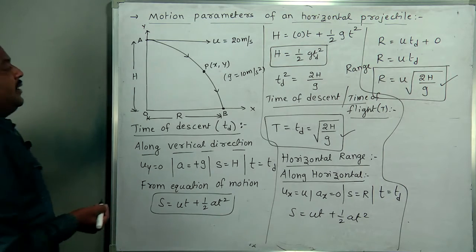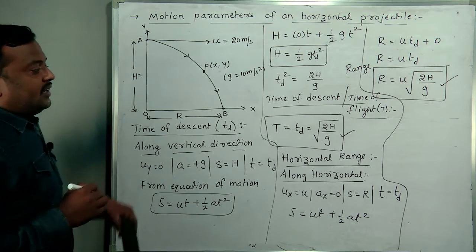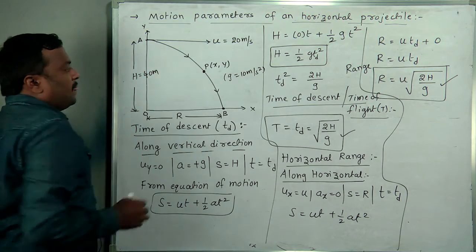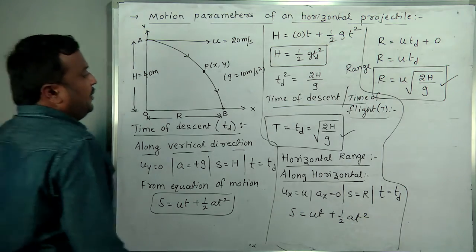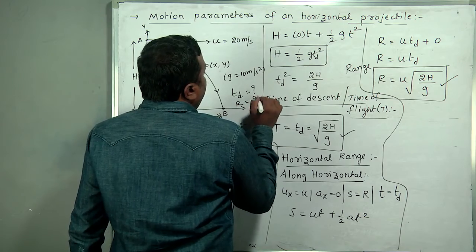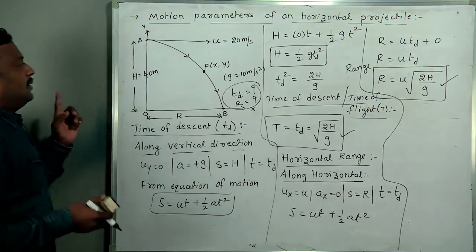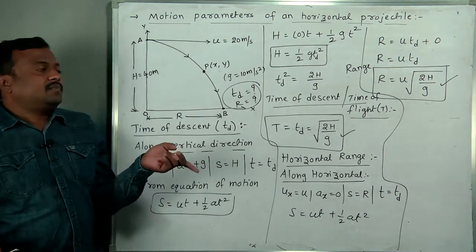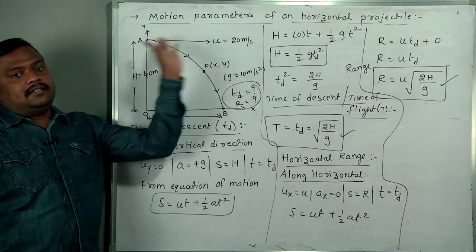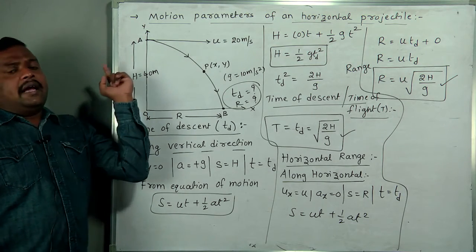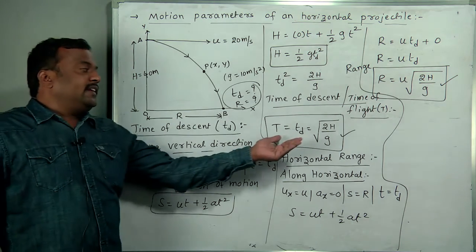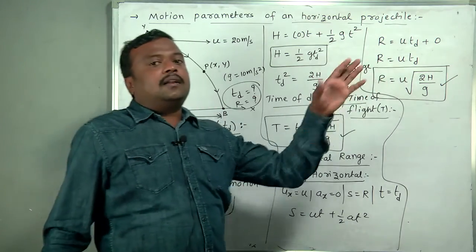If it is projected from a height of 40 meter, what is the time of descent and what is the horizontal range travelled by the projectile?